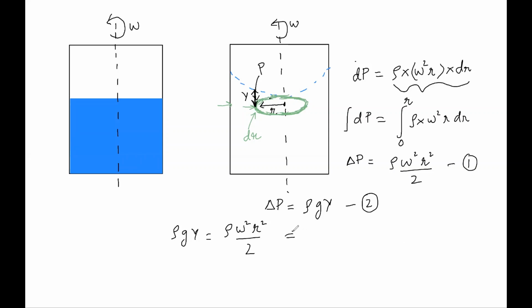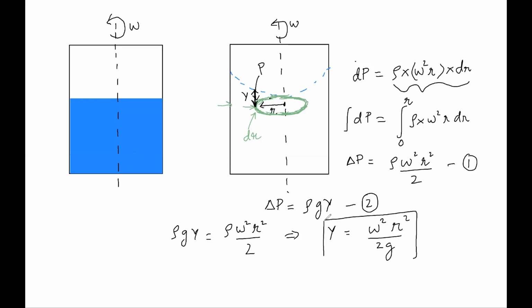Therefore, we get the expression of y. Y is nothing but the y component of the surface of the fluid in response to the x component, that is r. R is nothing but the x component measured from the central axis. So what we are getting is a parabolic equation. Y is equal to omega square r square by 2g.